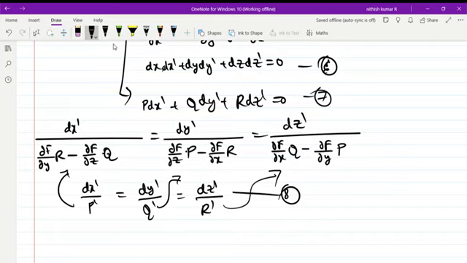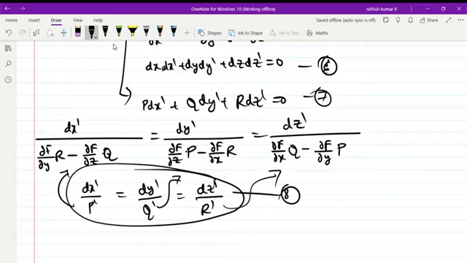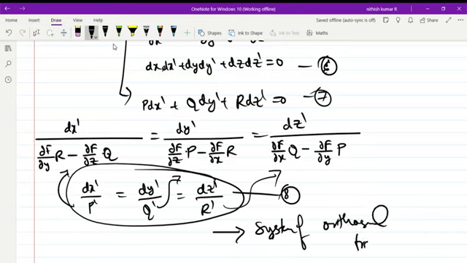Now the solution of this differential equation gives the system of orthogonal trajectories.